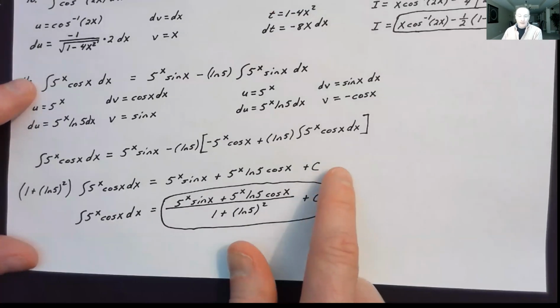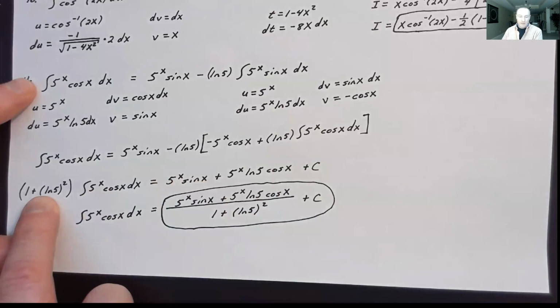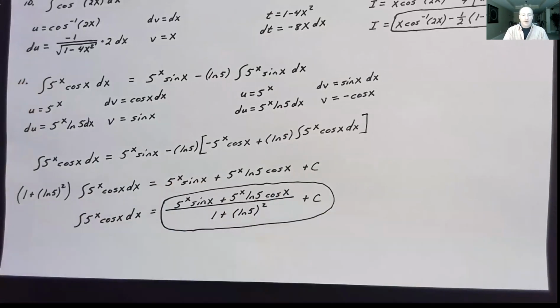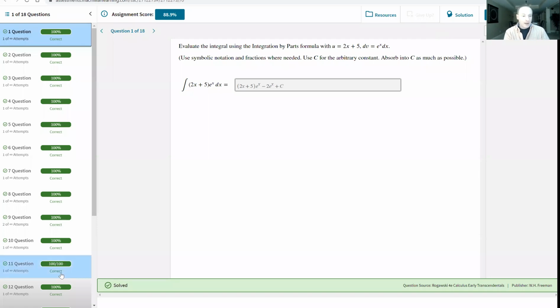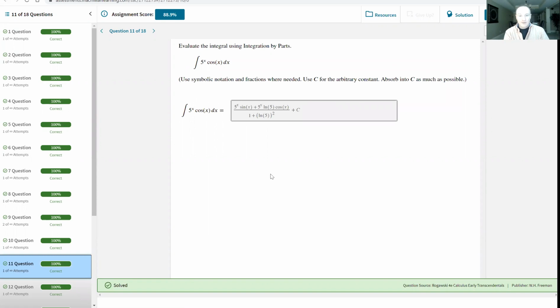Now, my final answer, well, it's all of this divided by this 1 plus the natural log of 5 quantity squared, and then you can stick your constant of integration at the end. And please notice that format worked out gorgeously for the answer that Achieve wanted. That's exactly how I typed it into Achieve, and Achieve was really happy with that answer.